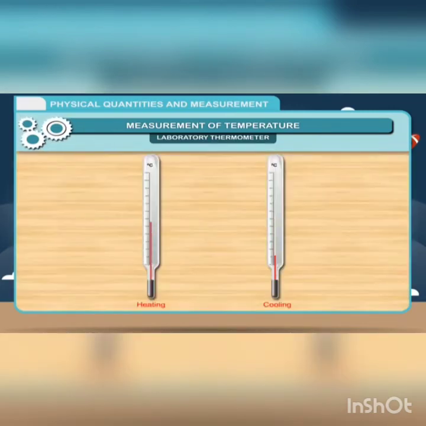When the bulb is heated or cooled, mercury in the bulb expands or contracts and rises up or goes down through the capillary tube. The mercury can be seen through the stem as a thin shining thread. Mercury is preferred to other liquids as it is a liquid metal, a good conductor of heat, and expands uniformly.